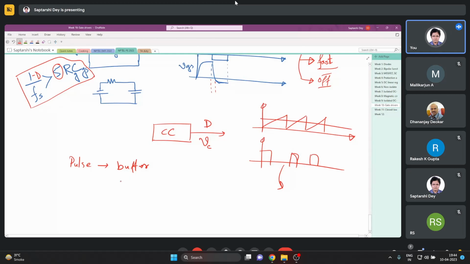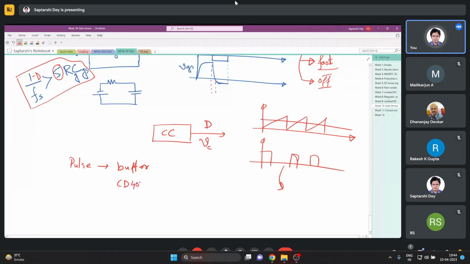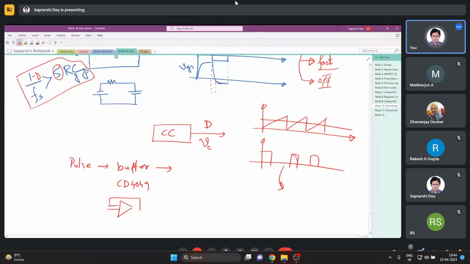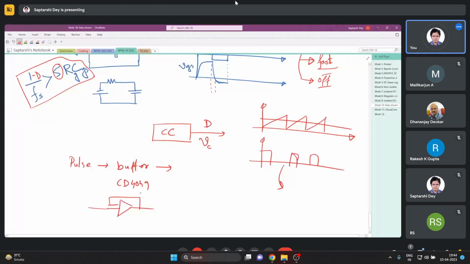So use a buffer like CD4049 hex buffers and other buffers, or you can simply use an op-amp in voltage follower mode, like this.